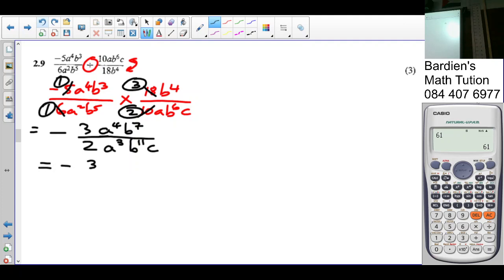So it's negative 3 over 2. Where are there more a's, on top or at the bottom? Top. So 4 minus 3, 1. Where are there more b's? Bottom. 11 minus 7, 4. Where are there more c's? Bottom. The c's are only at the bottom.